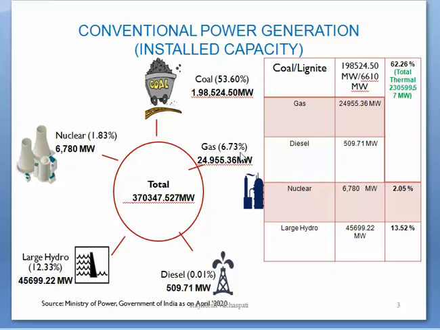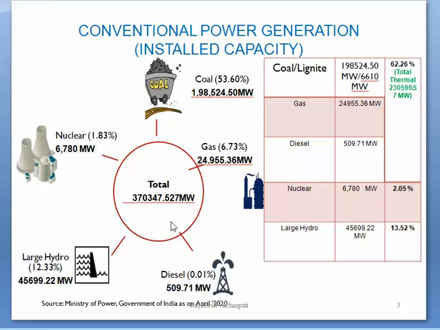Then gas, which contributes almost 6%. Then diesel, which is not generally used, only in places where the grid is not available. So small gensets are used for power generation, as diesel being a very costly fuel, it is not economical to use it for longer duration.